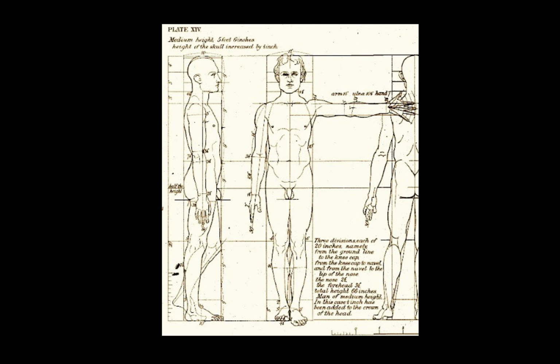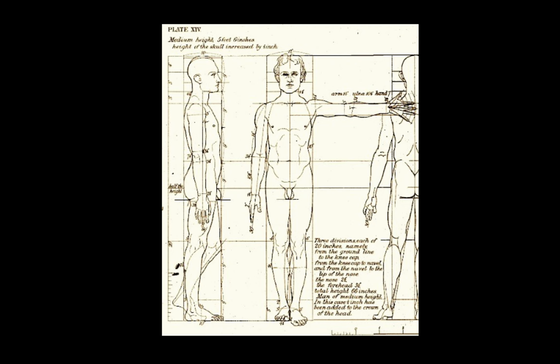The head is, generally speaking, about 1/8 of the entirety of the figure. It's actually the figure is 7 3/4 heads high. I just say 8. It's easier to deal with as a round number.